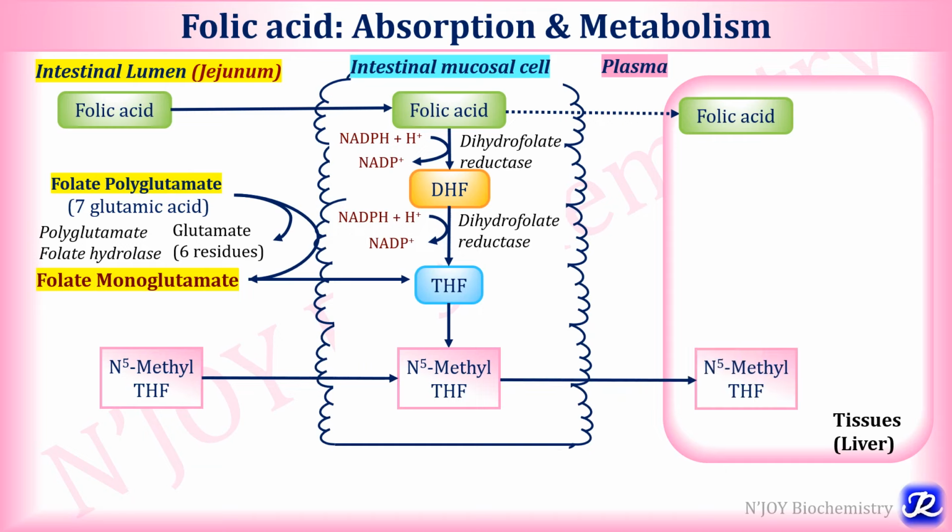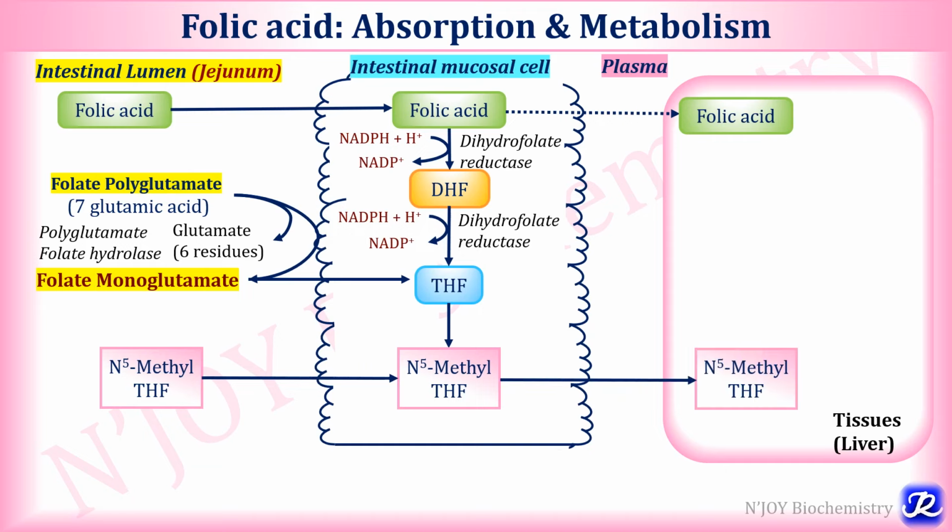And the folic acid which is taken up by the liver cells is converted to dihydrofolate, tetrahydrofolate and methyl tetrahydrofolate. This methyl tetrahydrofolate is a monoglutamate form which is converted to polyglutamate tetrahydrofolate because it is stored in the tissues like liver in the form of polyglutamate tetrahydrofolate, and this reaction occurs with the help of polyglutamate synthase enzyme.